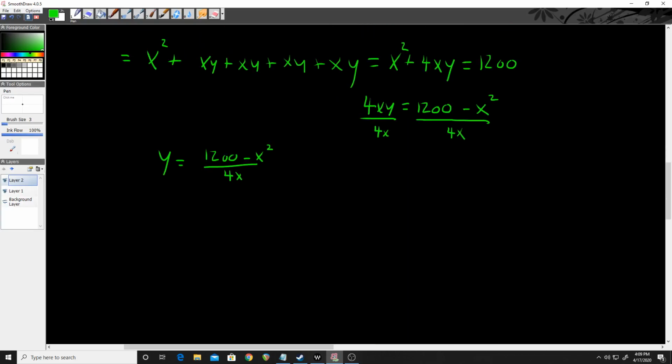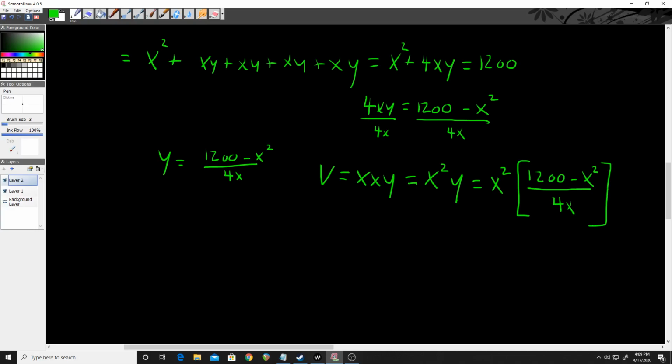X, X, Y. So the volume will be X times X times Y, which is X squared times Y, and Y is 1200 minus X squared over 4x.